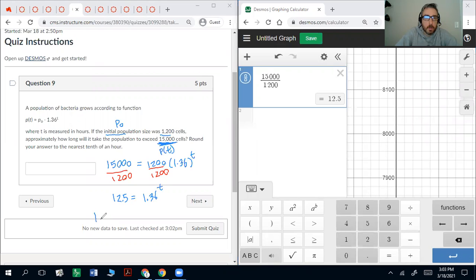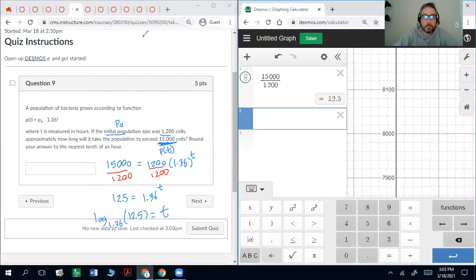So it's going to be log base 1.36 of 12.5 equals t. So after about 8.21 years, we'll exceed 15,000. It says round to the nearest tenth, so we'll say approximately 8.2.